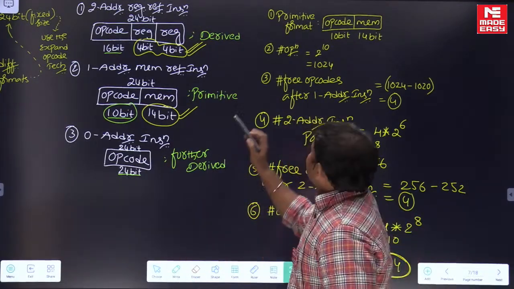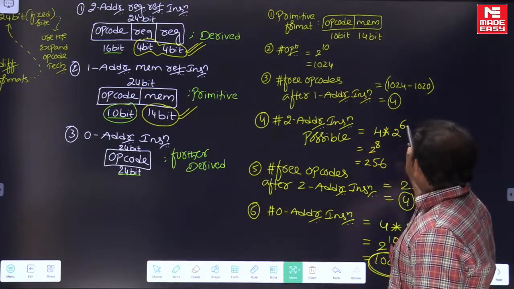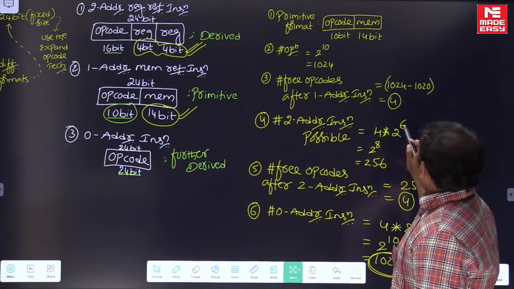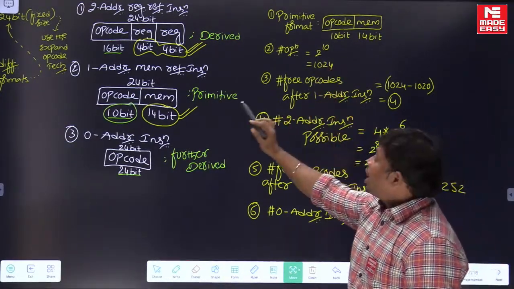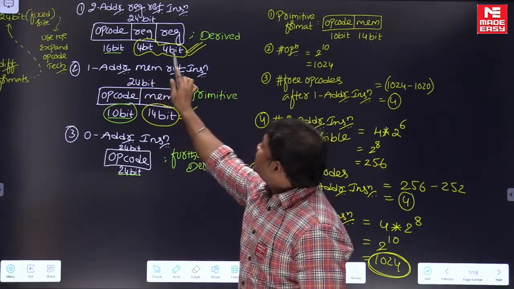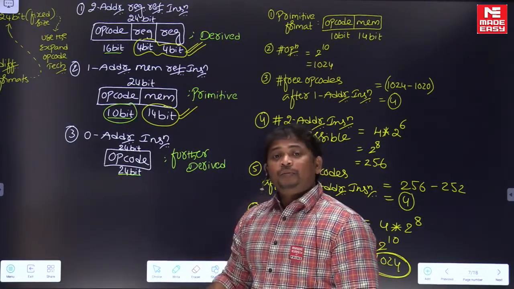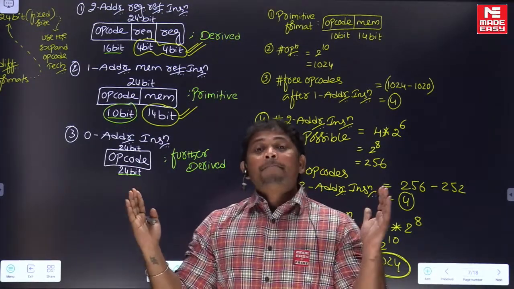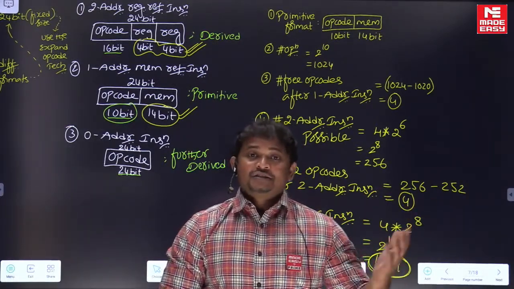Here a 10 bit opcode is there. By merging the 6 bit address to the 10 bit opcode, the opcode size is increased to 16 bit. Next, by merging the 8 bit address, the opcode size is increased to 24 bit. So the address field will be merged to the free opcode to design the further instructions.